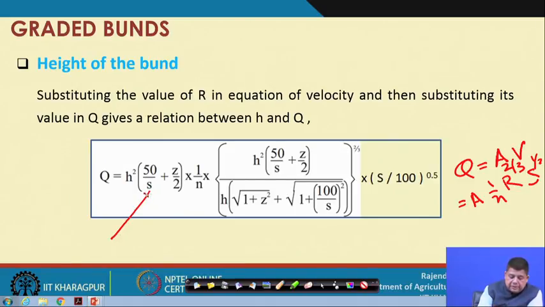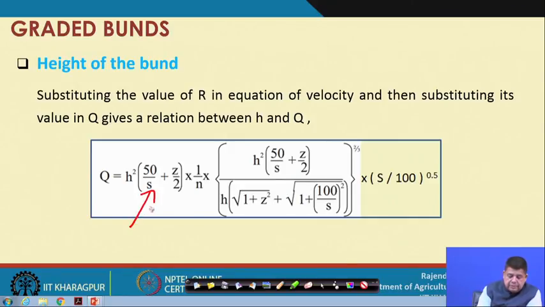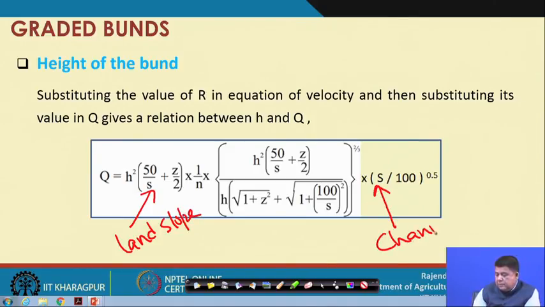If we put in this equation, remember there are two slopes being used here. The small s is the bed slope, that is what we use in all equations, whereas this capital S which is coming is the channel bed slope and the small s is the land slope.